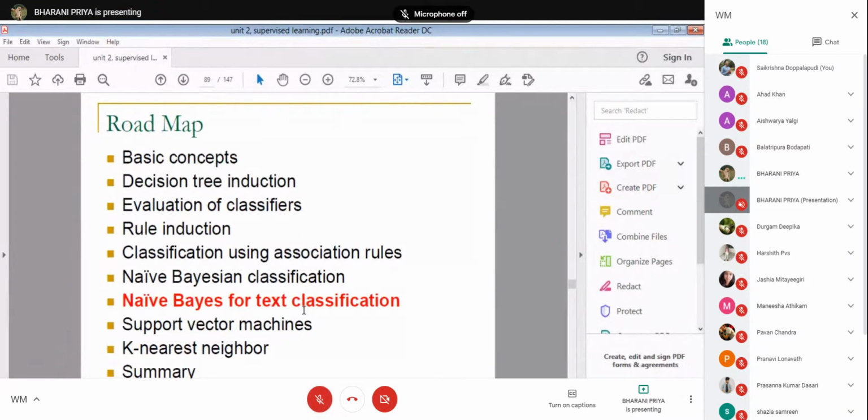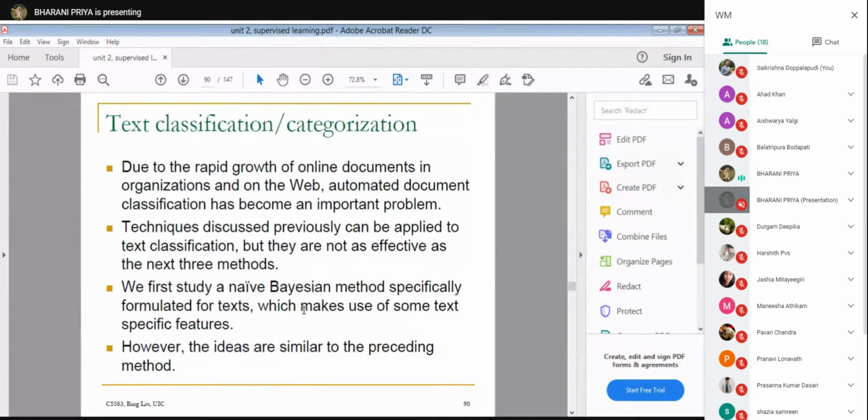There are n number of documents on the web, and these documents have to be classified automatically. The techniques we discussed previously, that is naive-Bayes classification, may not be appropriate for text classification on the web, so it has to be adjusted somewhat.